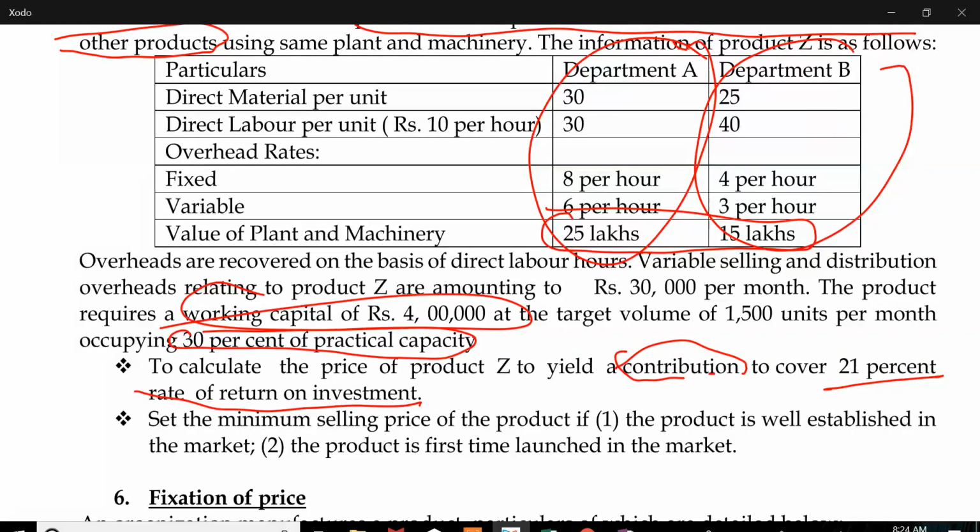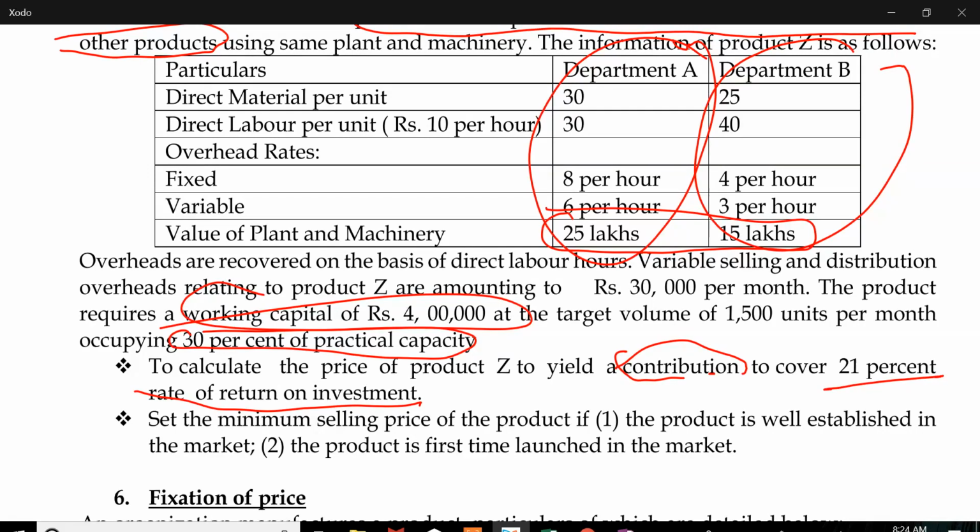Point number A, product Z is made in department A and B, which also manufacture other products.